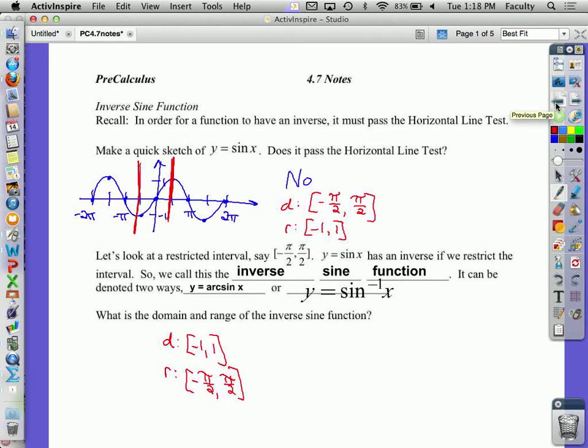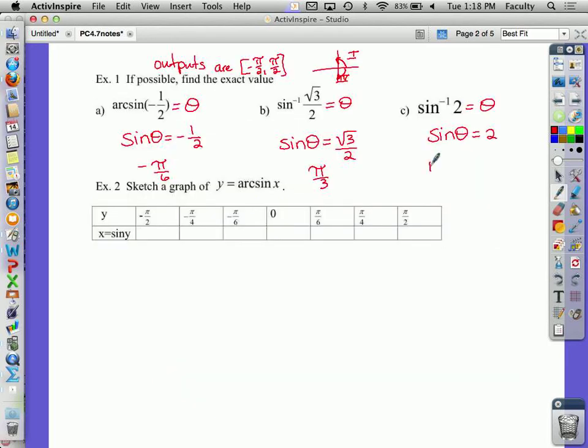It's oscillating between negative 1 and 1. I can't get a 2 out of sine theta. So for this one, do not put no solution, because inverse sine 2 isn't an equation. We're not solving the equation. We are finding a value, or evaluating, but it's just not defined. You can say not possible, but don't use the empty set symbol or no solution.